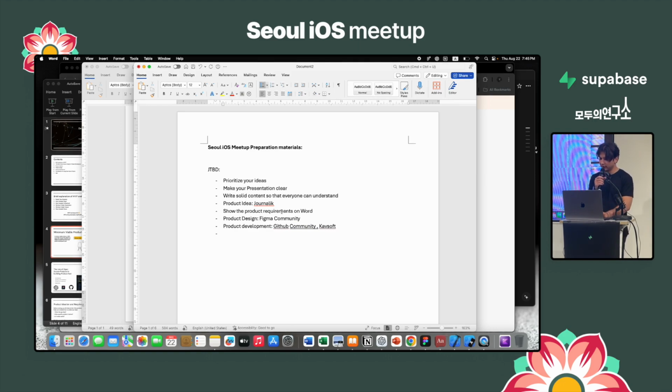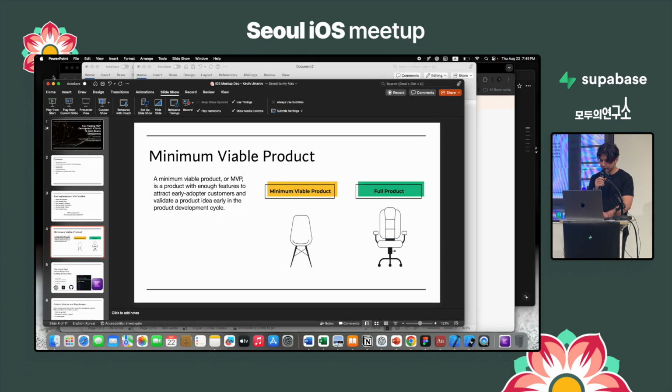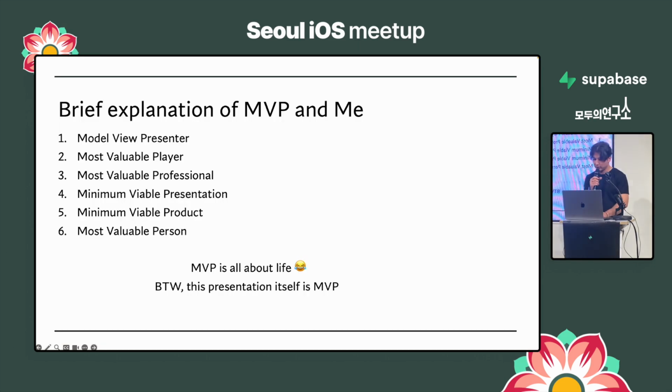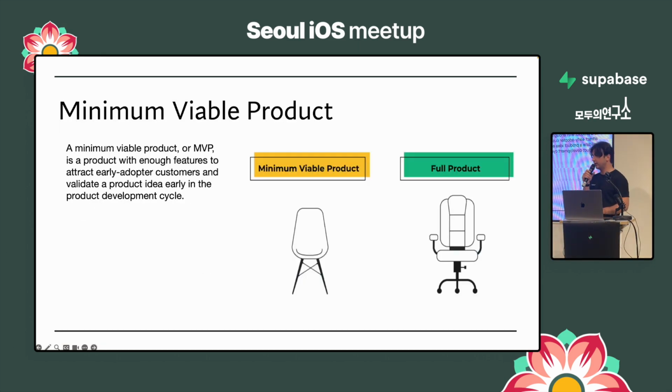I also created some product requirements for this product, and then I will go through product design and product development, respectively. These requirements were about the presentation materials, and we can use this technique for any kind of product that we are going to build.